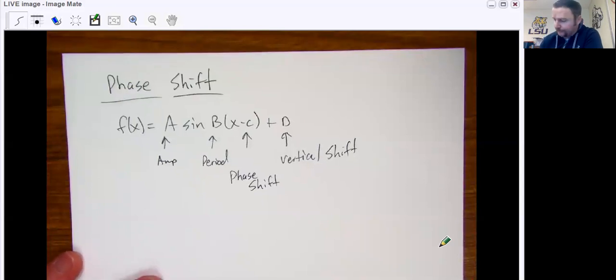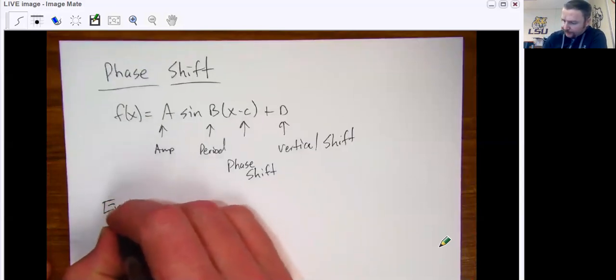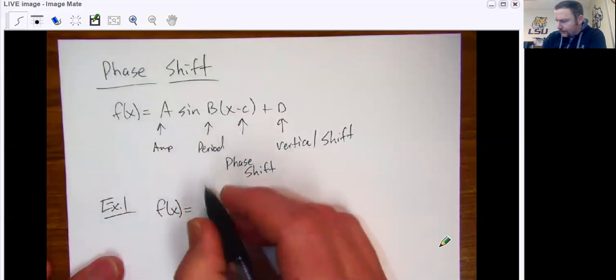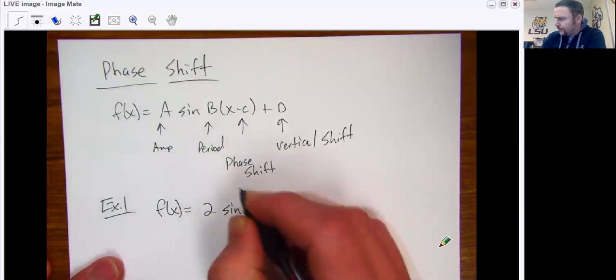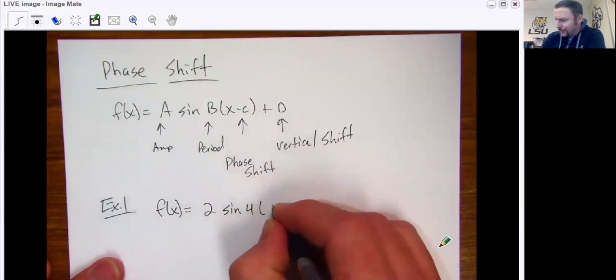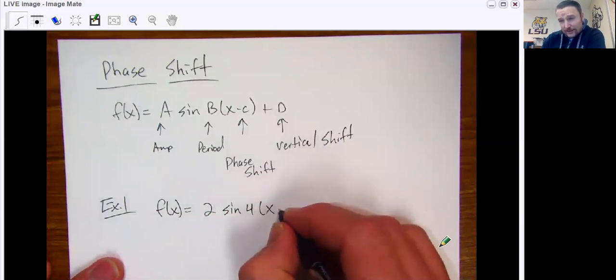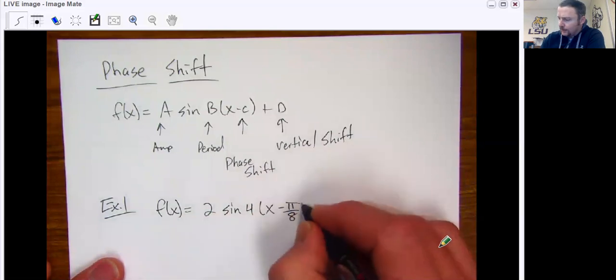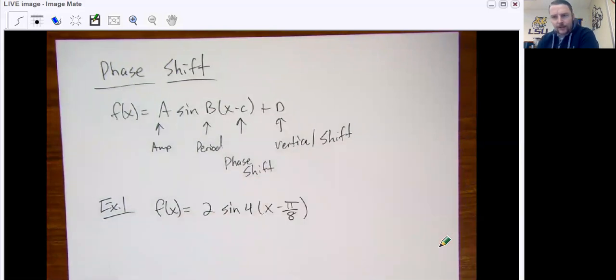And here we go. So example number one, let's do a sine graph. Why not? So let's do f of x equals 2 sine 4 times the quantity x minus pi over 8. We'll start off with that one. Notice that you see parentheses this time.